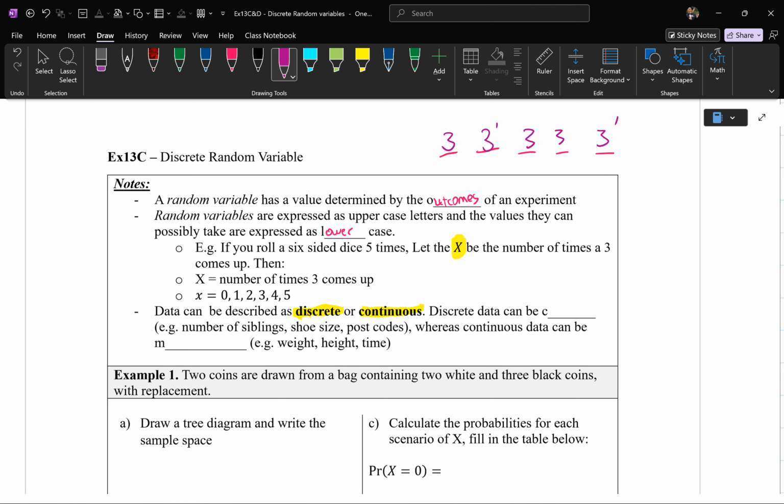That could be one possible combination. How many 3s did I get in this scenario? I got 1, 2, 3. So that means my random variable X, which remember means the number of times I get a 3, in this particular trial, in this experiment of rolling a dice 5 times, I got capital X equals 3.